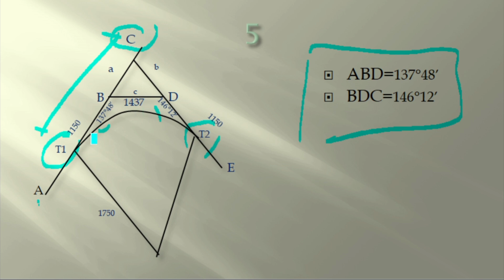After calculating the tangent length, we calculate the distances B to C and C to D. By subtraction, we get the remainder, which will be from T1 to B, given that A to B is 1150. We subtract what we have from the first point of tangency to B.